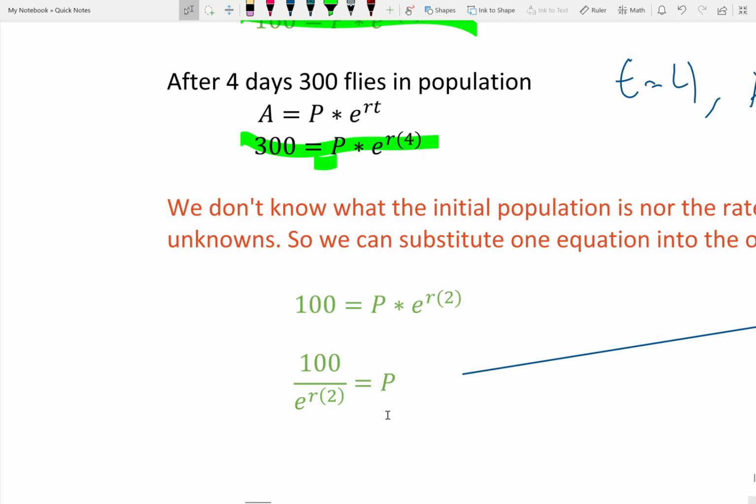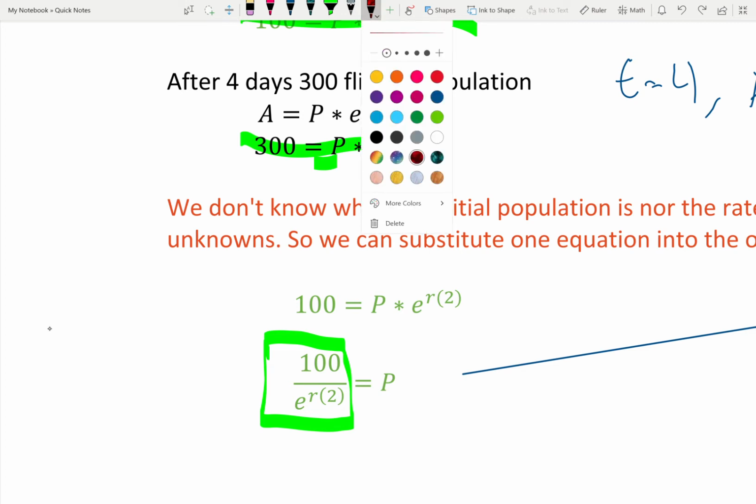This says that the original population of flies is equal to this whole phrase right here. That's how many flies were in my original population. But I can't tell you an exact number. Why? Because I don't know what r is. If I knew what r was, then I would be able to tell you what the original population was. I'm just going to make a smaller pen.